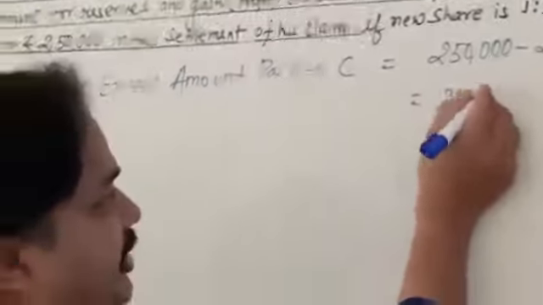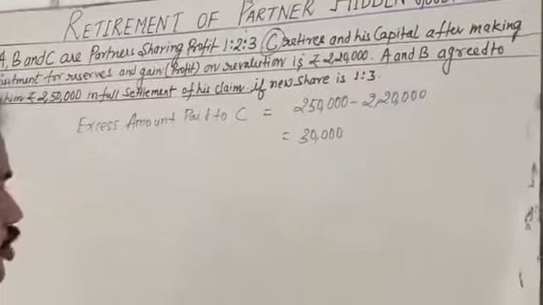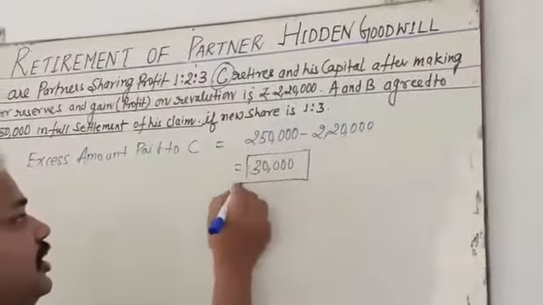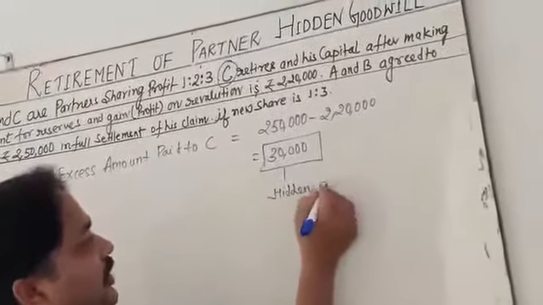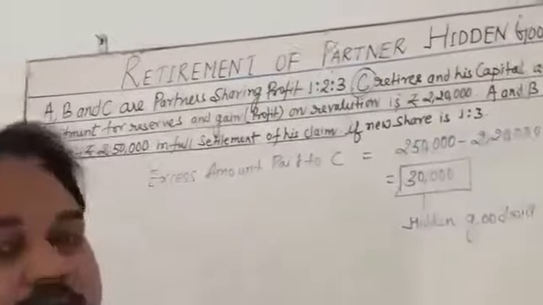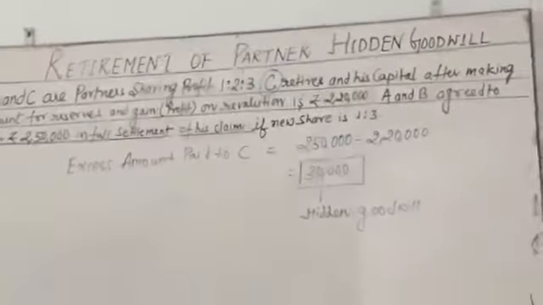Simple, my dear student. This 30,000 is paid in excess. It is called hidden goodwill, because it is found after calculation. You observe that the hidden goodwill value is 30,000 rupees.